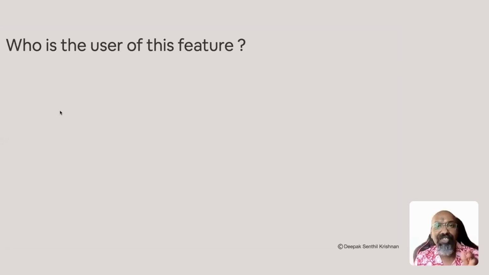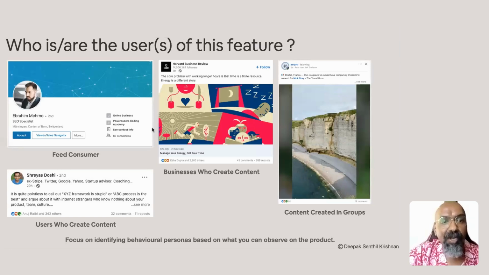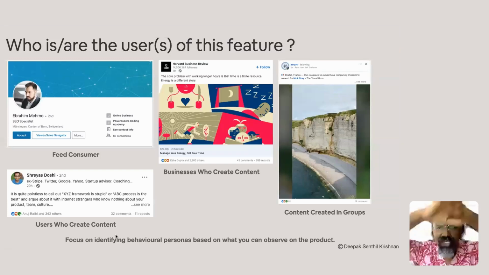So I try to take a step back and say, hey, can I try to reverse engineer the type of personas by just looking at the behaviors that this product has asked me to do, right? Therefore, I look and say, okay, who are the people actively putting content out there into this field? I'm just going to keep that as my spectrum.